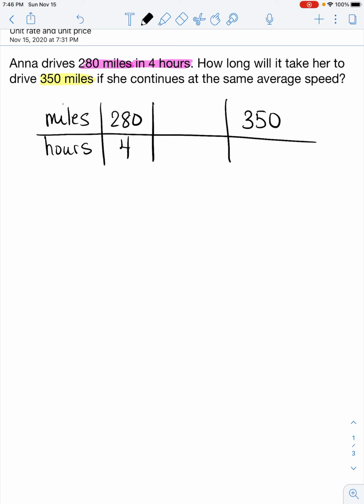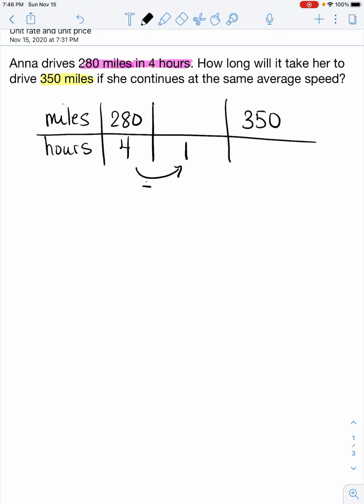So what I'm going to have to do is our default reasoning, which is to find the unit rate or the average speed in miles per hour. And again, per would be in 1 hour. And so what do I have to do? I make my little Amazon arrow.